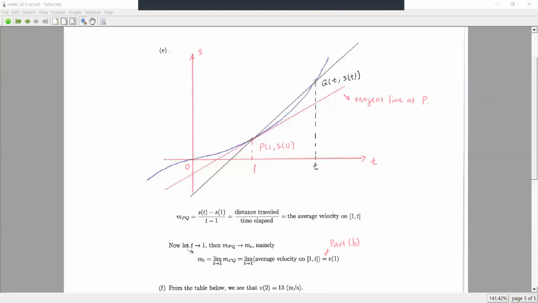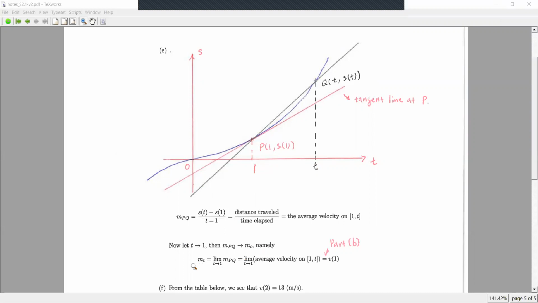Now, we let t approach the point 1. Then the secant line PQ will approach this tangent line, the tangent line at the point P. As a result, the slope of the secant line PQ will approach the slope of this tangent line.